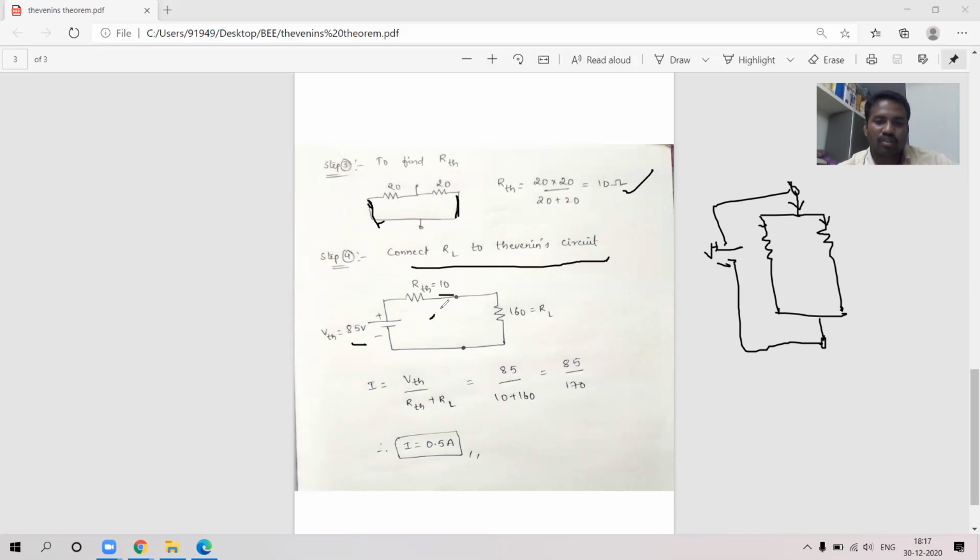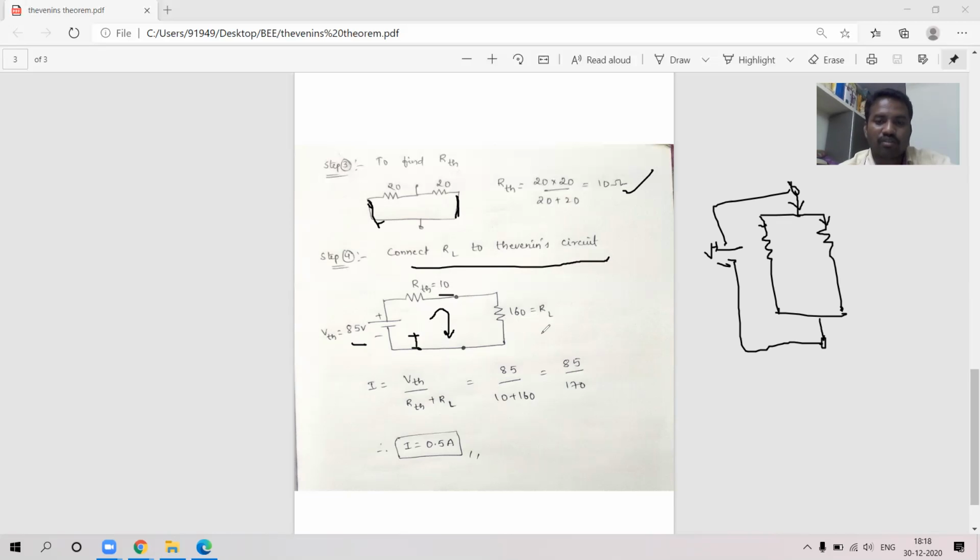Connect RL. Now you have to find the current through RL. Now in the question they asked what is current through RL. How you will find? Current through RL can be determined by a very simple method, that is I is equal to V by R. Just I am applying Ohm's law. Let us take that I is flowing in this. Whatever the current is flowing through 10 ohms, the same current will be flowing through 160, because they are connected in series.